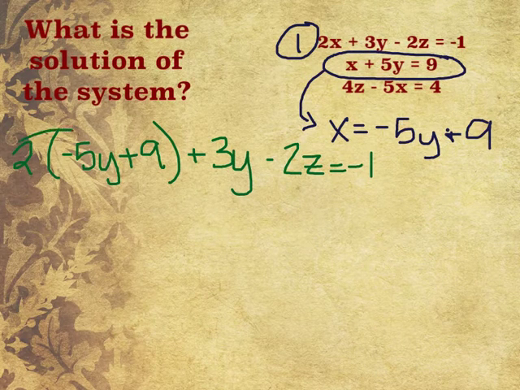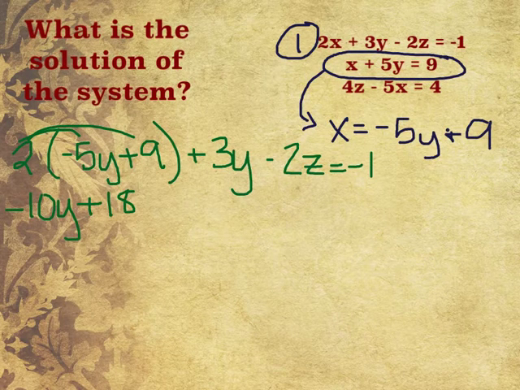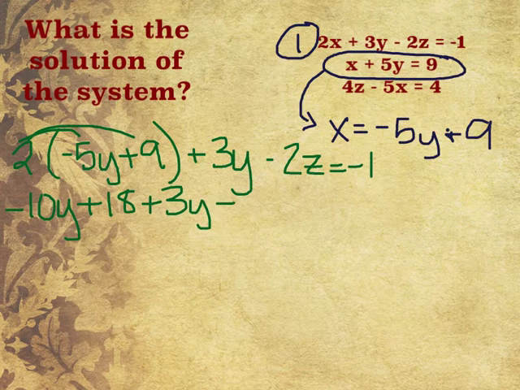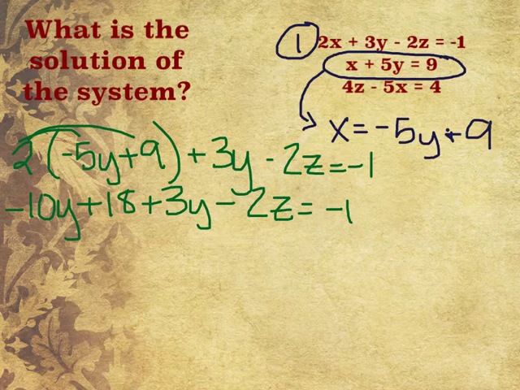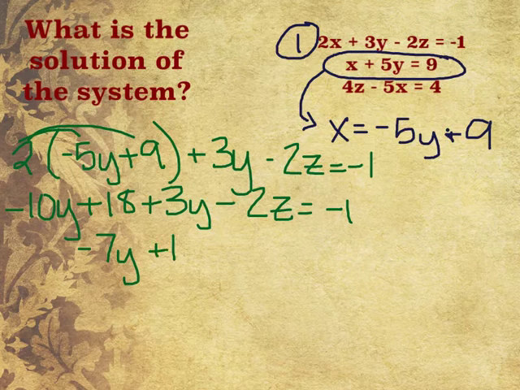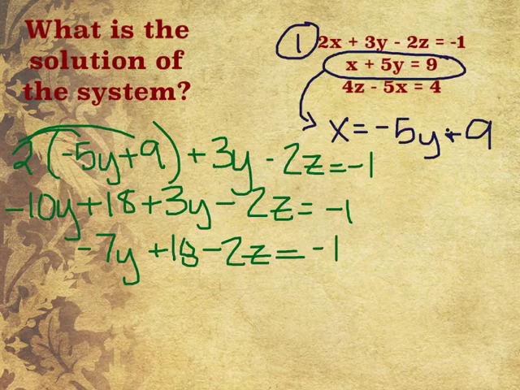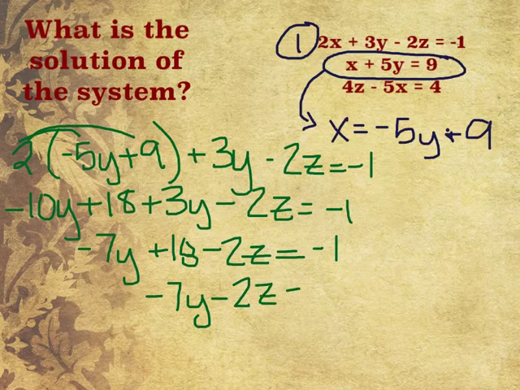I'll distribute that 2, so I'll get negative 10y plus 18 plus 3y minus 2z equals negative 1. Continue solving it out. Negative 10y plus 3y will be negative 7y plus 18 minus 2z equals negative 1. And then we will get negative 2y minus 2z equals negative 19.